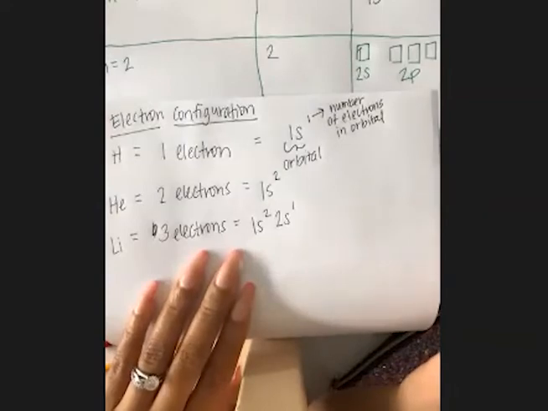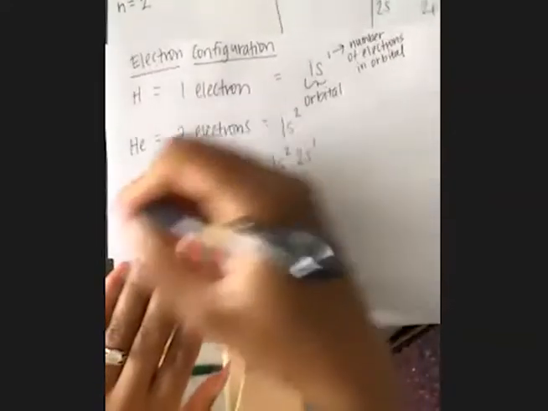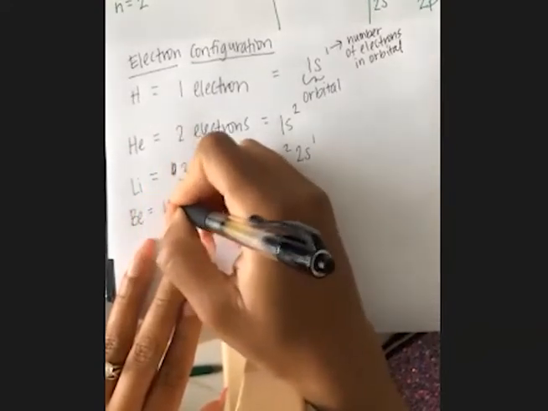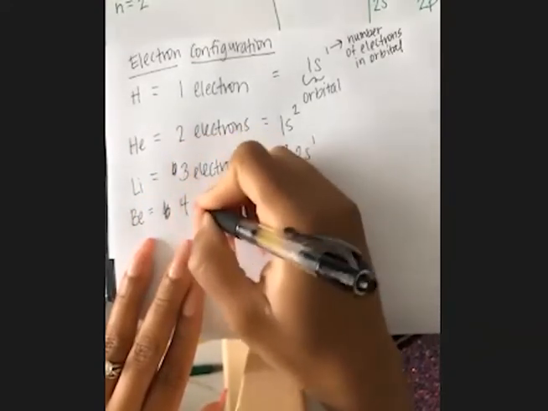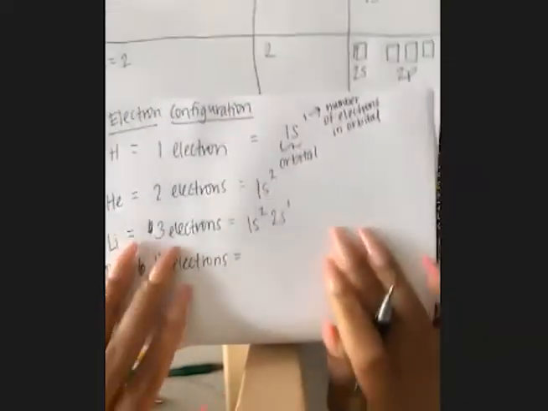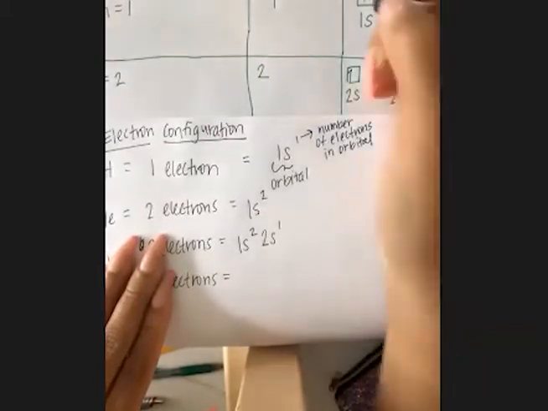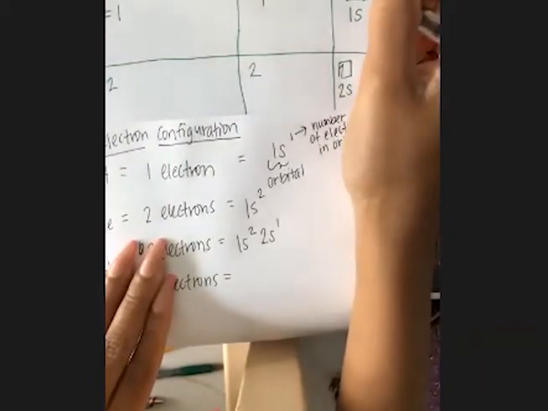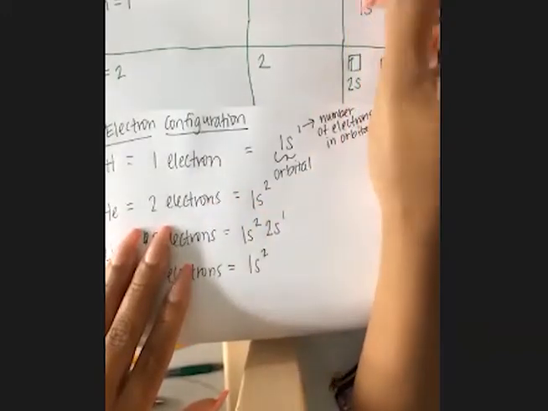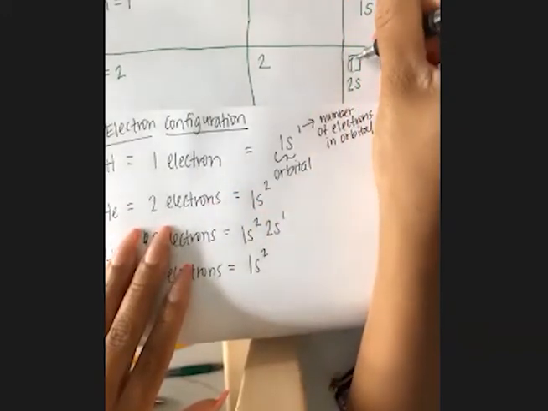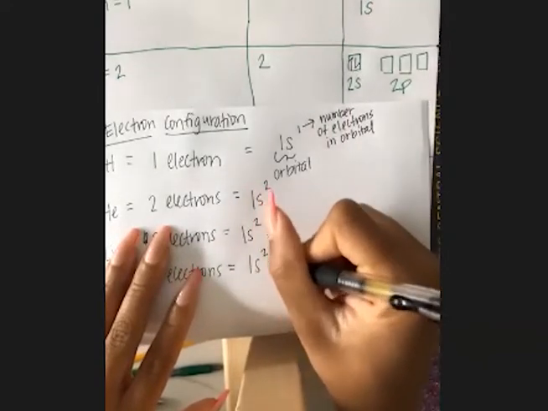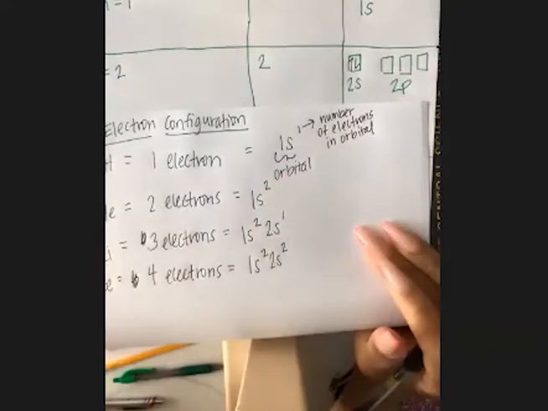When I get to element number 4, which is beryllium, it has 4 electrons. Once again, the first 2 electrons are always going to be in the 1s, so 1s2, but now it's 1s2, 2s2 for beryllium.